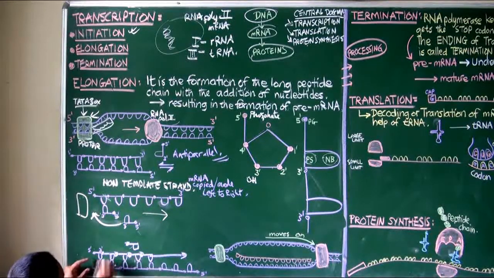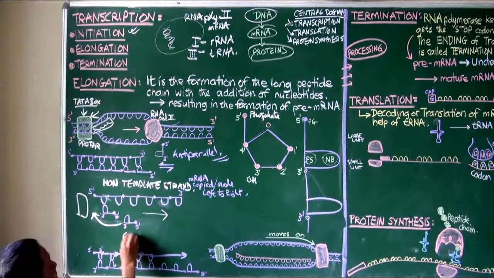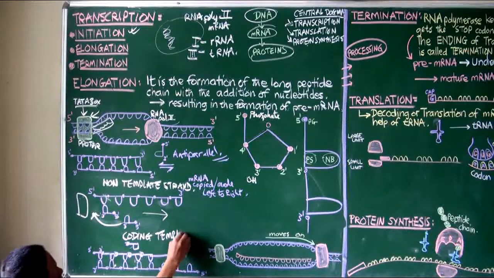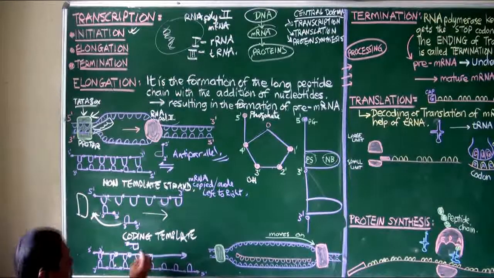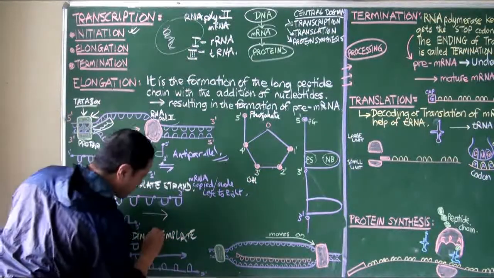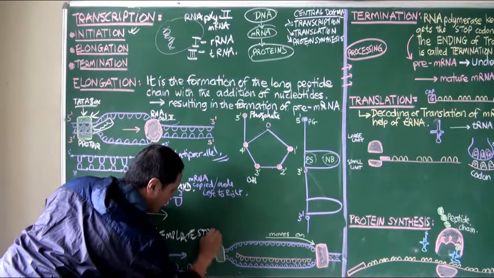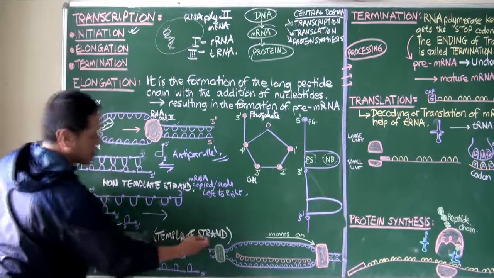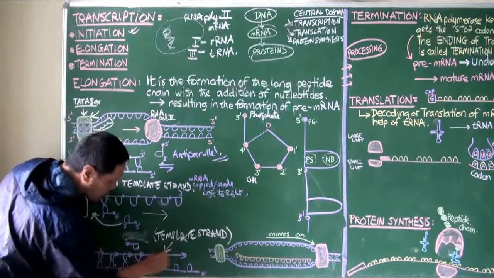So this strand can be copied more easily. This is called the template strand. This is the one which is copied.